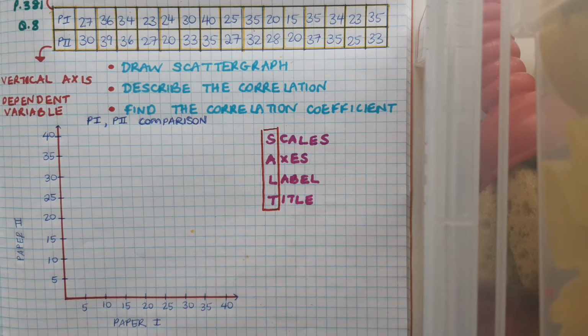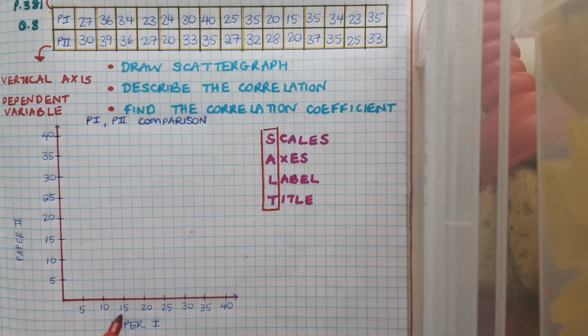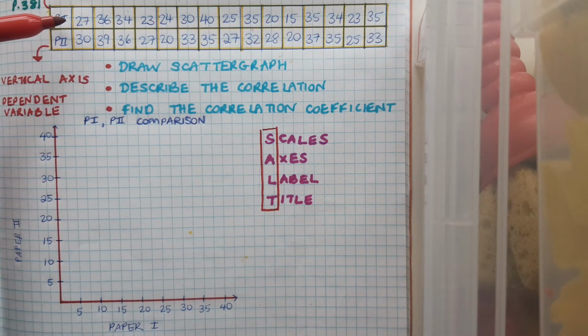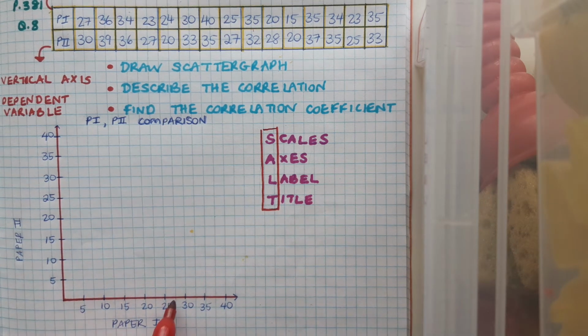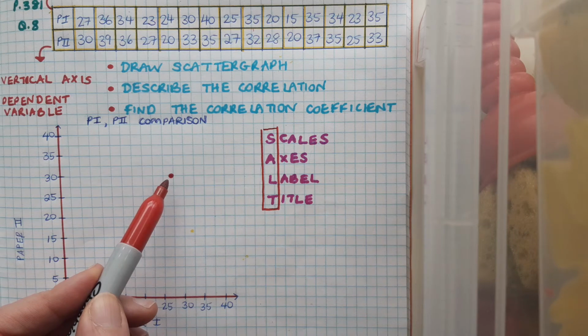Okay, so now I'm going to plot my points on my scatter graph. I'm going to remember that this axis here is paper 1 and this axis here is paper 2. For example, my first piece of information here is 27 on the paper 1 axis and 30 on the paper 2 axis. So I'll go to 27, which is about here on the paper 1 axis, and then up to 30 on the paper 2 axis. And I mark in my point.